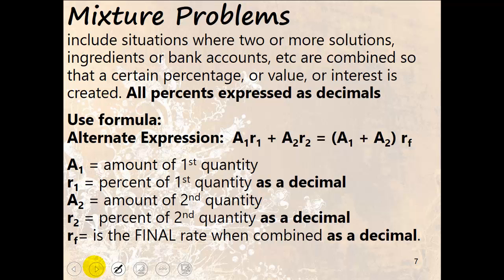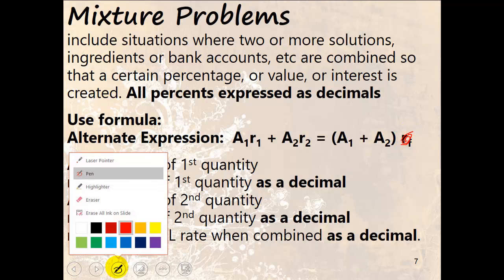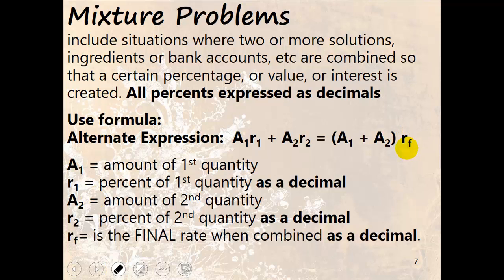I like to use the formula where you take the first amount times its rate plus the second amount times its rate. It's kind of like you're doing a weighted average, equals the sum of the first and the second times that final rate. The thing you have to remember is that the rates all have to be done in decimal.